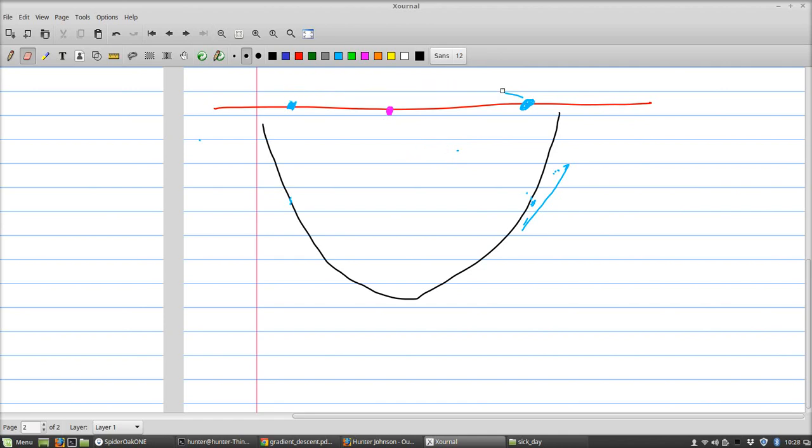So instead of using that whole vector here, let's start over with the learning rate. Again, we explore this point, we get this big positive number that makes us want to take a big negative step this way. But instead of going all that way, we're only going to go 10% of that.